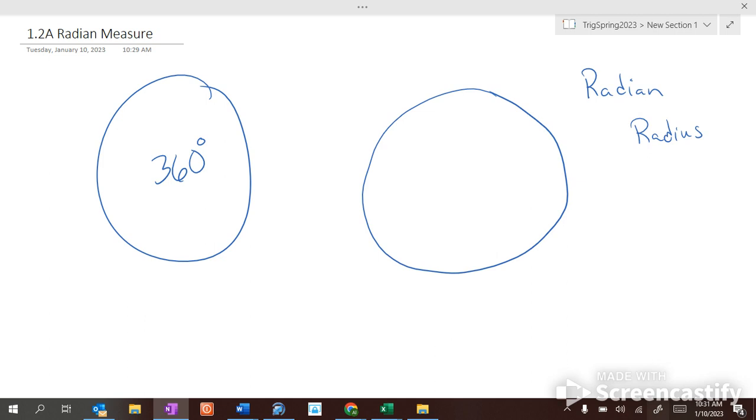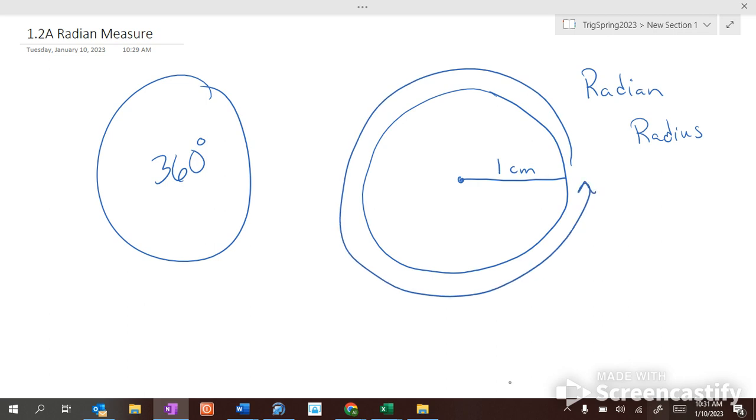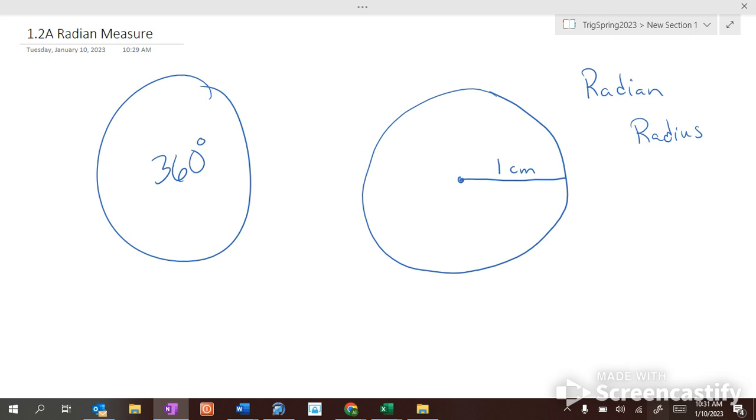Let's say we have a radius of 1 centimeter. There's 360 degrees in a circle, right? So how long does it take to get around a circle like this if it has a radius of 1 centimeter? Going around a circle is called the circumference.